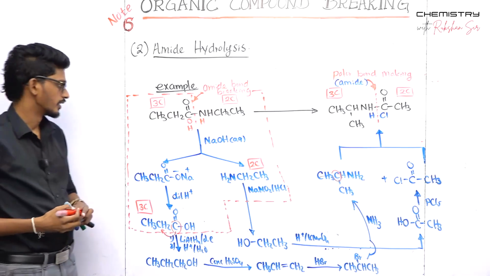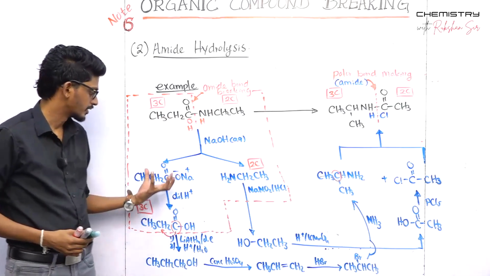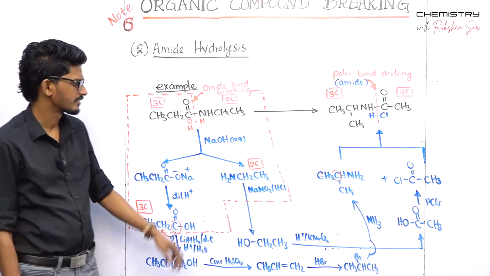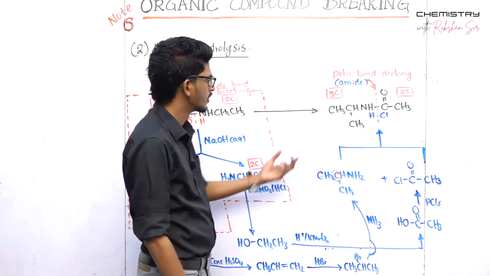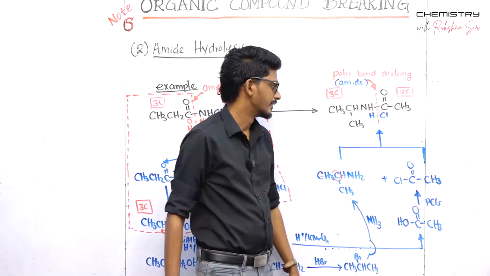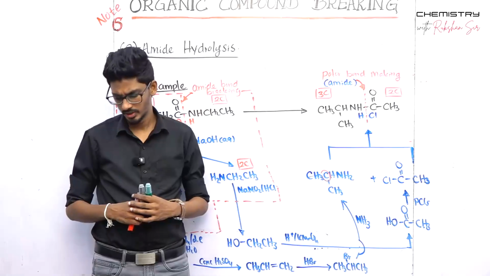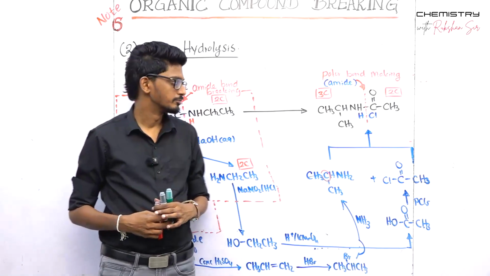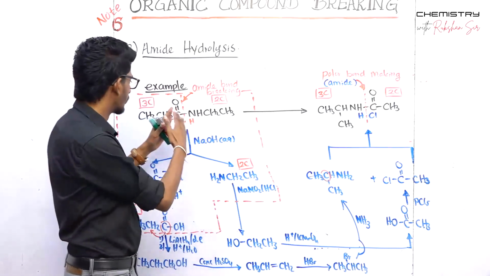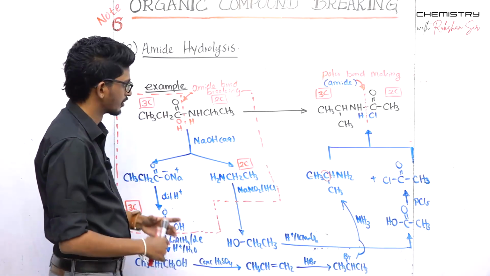So if we are okay with this stuff and can come up with 2 compounds with 3 carbons and 2 carbons, then the task is not that hard. What you need to do is combine those two guys to come up with this larger compound, right? That is the whole idea. So this is all about the carbon polar bond breakings, right? So this is all about breaking reactions in organic compounds.